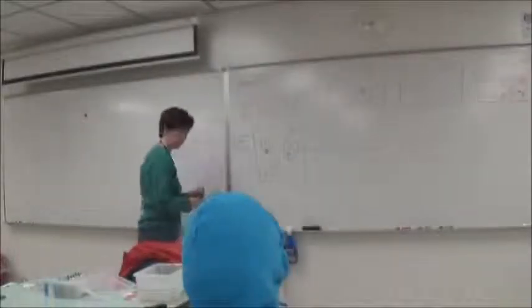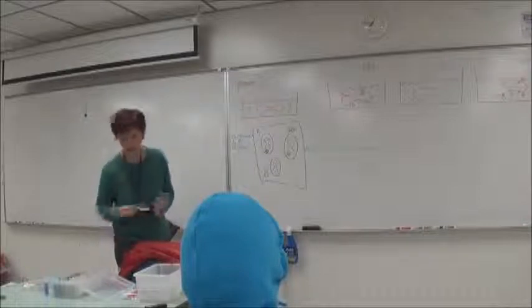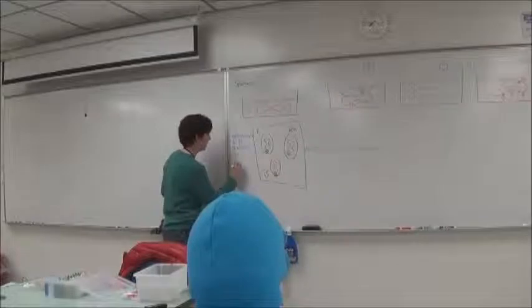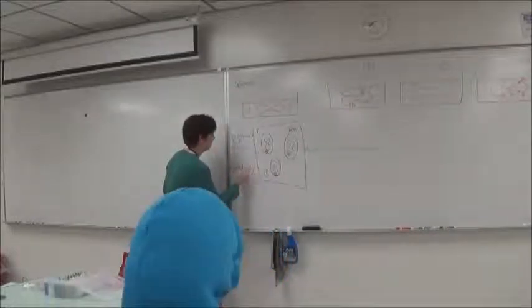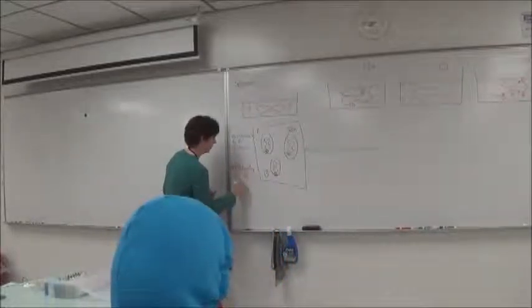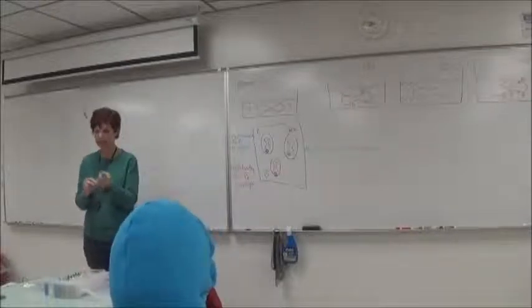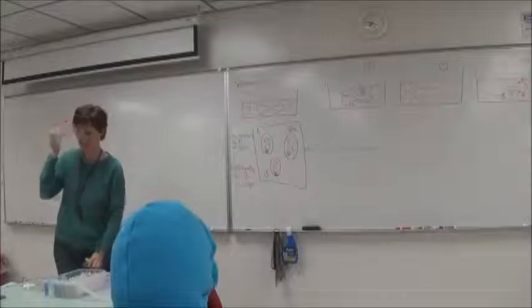And I don't have yellow, so I'll use red. And this is antibodies to the B antigen. Same blood though, all right? But I don't know what antigen is on that blood.